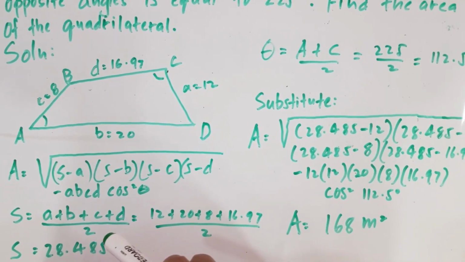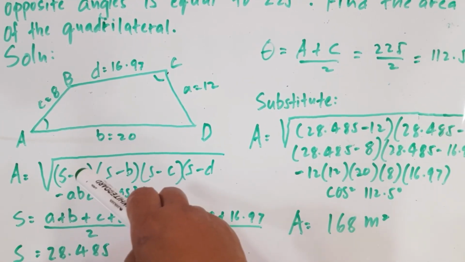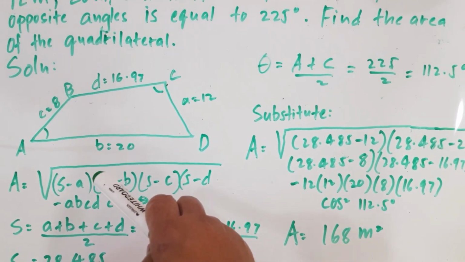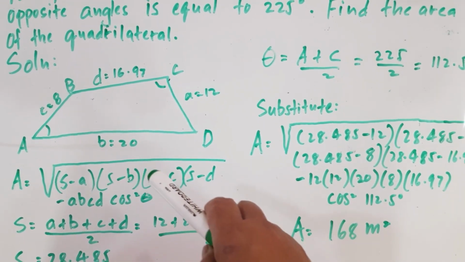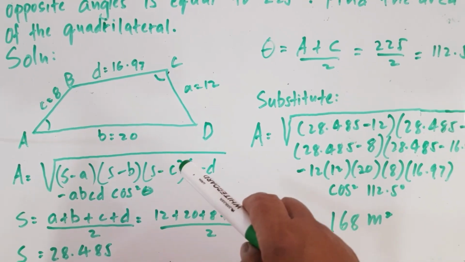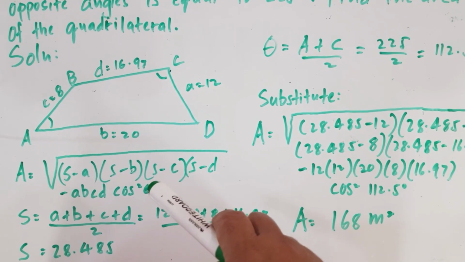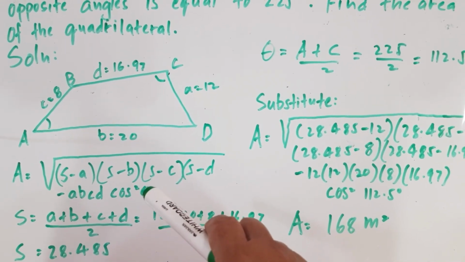S therefore is equal to 28.485. We can substitute this in the area formula later, because what we are looking for is the area of the quadrilateral. Before we can proceed to solve the area, we have found the value of S, but now we have to find also the value of theta.